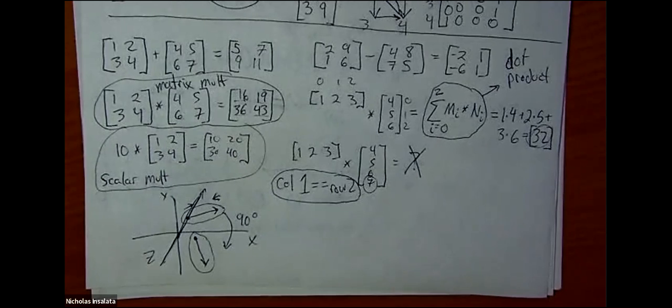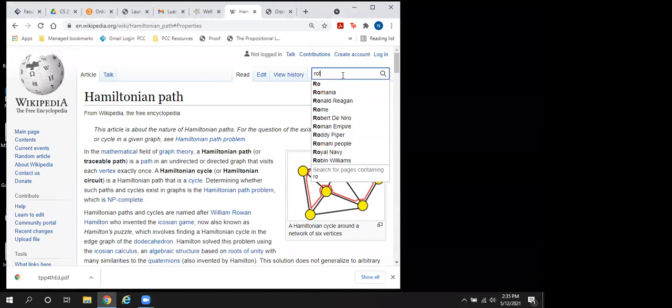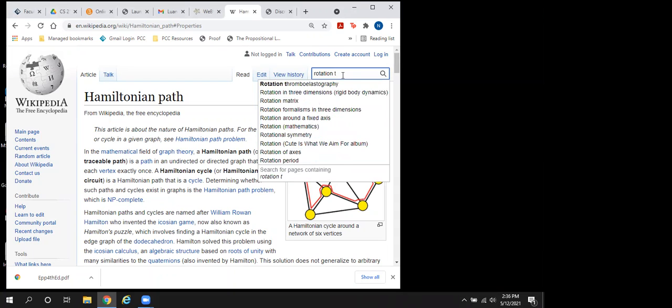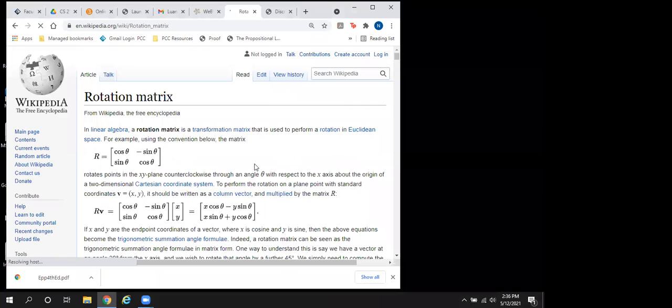So let me give you a quick example before the break, right? If we want to talk about rotations, for example, come back on here, right? Rotation matrix. There's a special kind of matrix called a rotation matrix where the angle that you're rotating by is theta, and you put a cosine in the top left and bottom right, sine in the bottom left, and a negative sine in the top right.